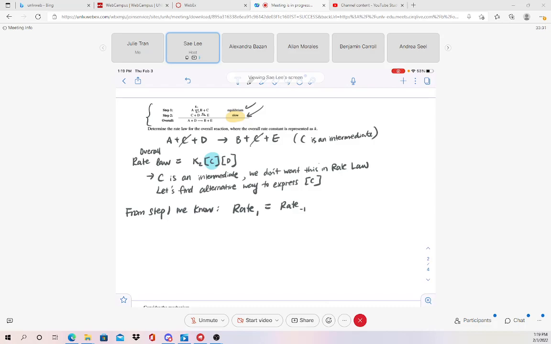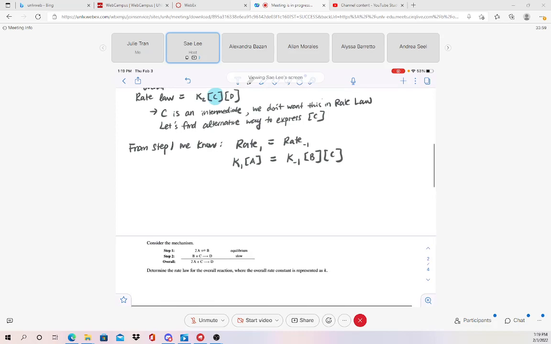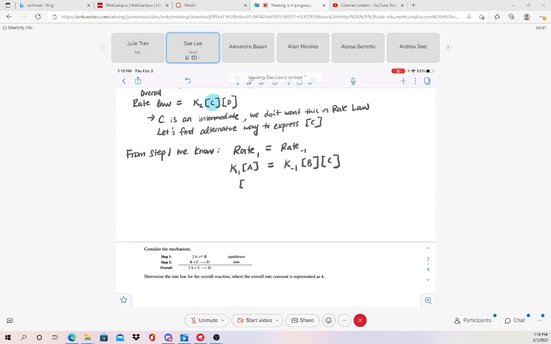So the rate of the forward reaction is rate constant K1 times concentration of A, which equals the rate of the reverse reaction, rate constant of the reverse reaction K negative 1, times concentration of B, concentration of C. We know they equal each other.